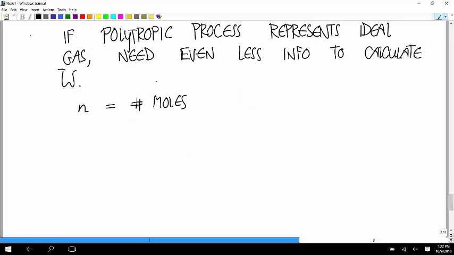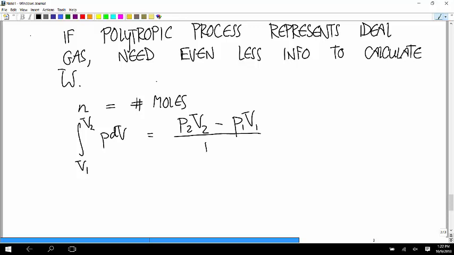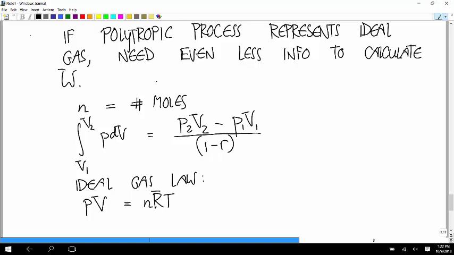We know that for a general polytropic process, the integral from volume 1 to volume 2 of P dV, which is what we just calculated, is equal to P2 V2 minus P1 V1 over 1 minus R. The ideal gas law says that PV at any state is equal to N times the molar universal gas constant, R, times the temperature.